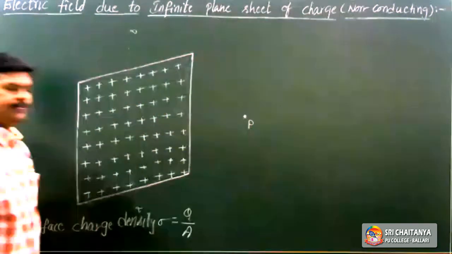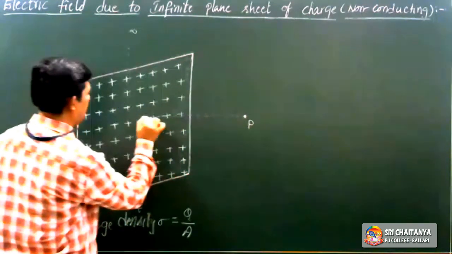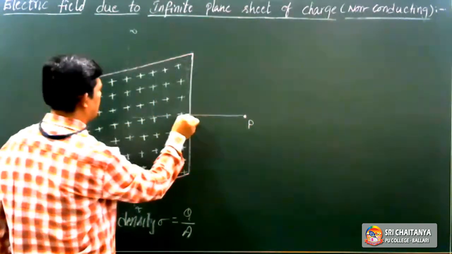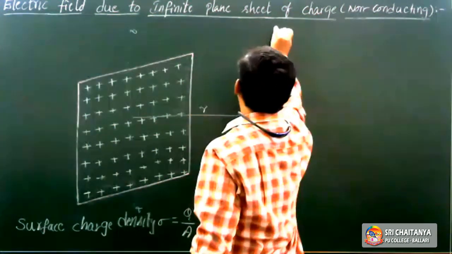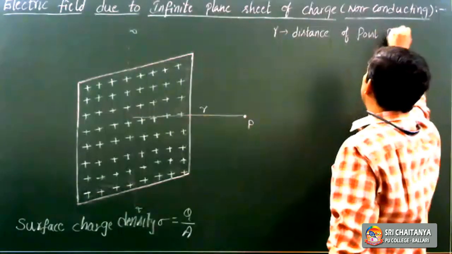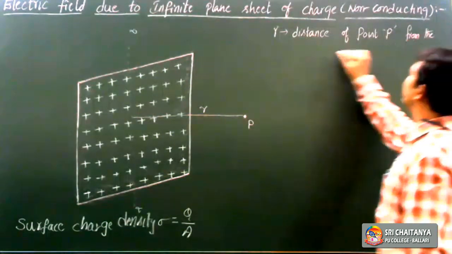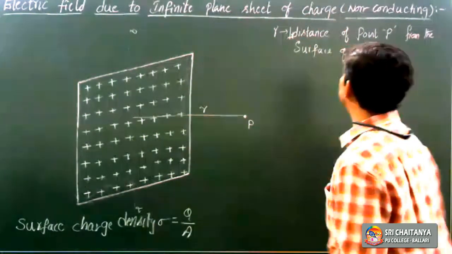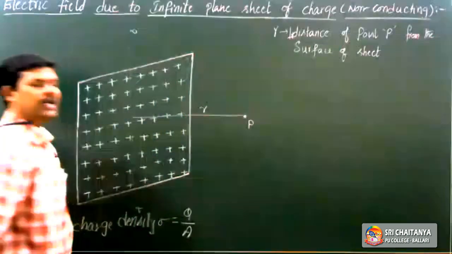P is a point at a perpendicular distance r from the surface of the sheet. Here, what is the electric field, how much is it?